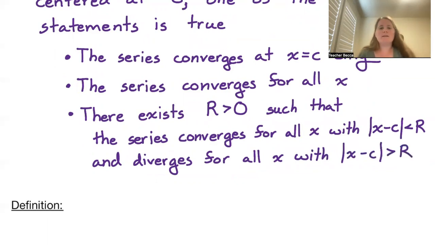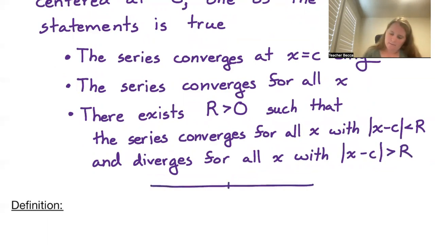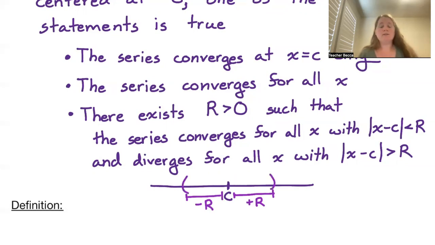So essentially what this is saying is that we have our c. We go some distance R to both sides. We subtract R and add R. Anything within that interval, we have convergence. Anything outside, we have divergence.